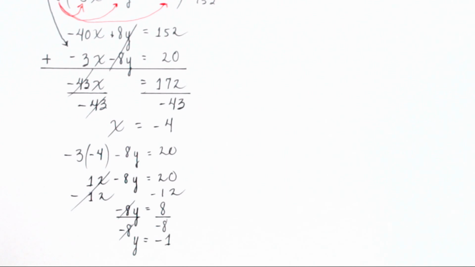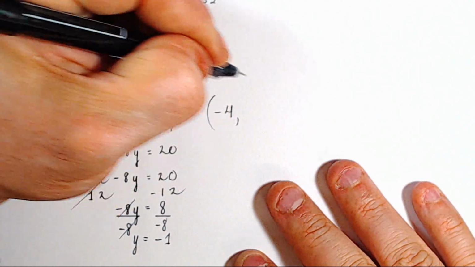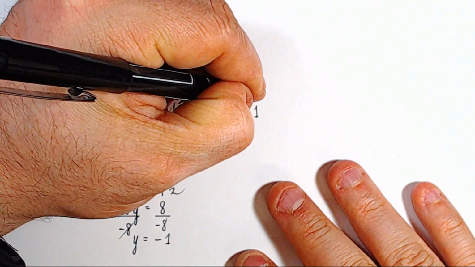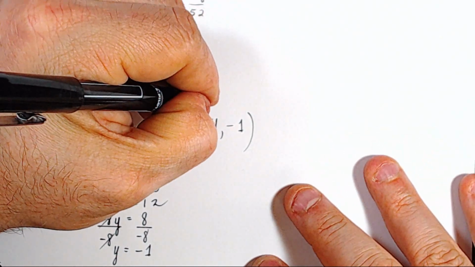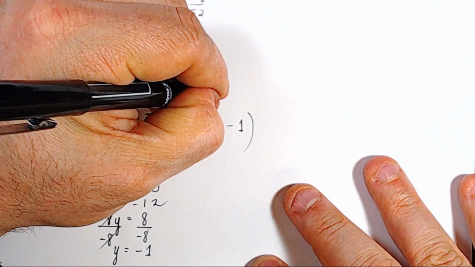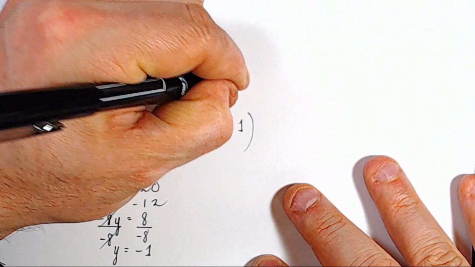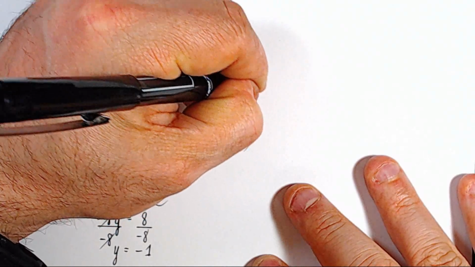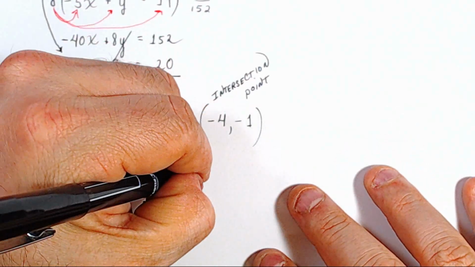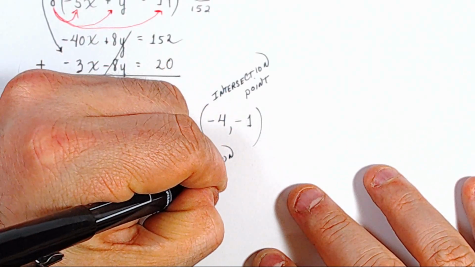I do. Oh, okay. X equals negative 4 and y equals negative 1. Very good. So this is the intersection point. It's also the solution to the system.